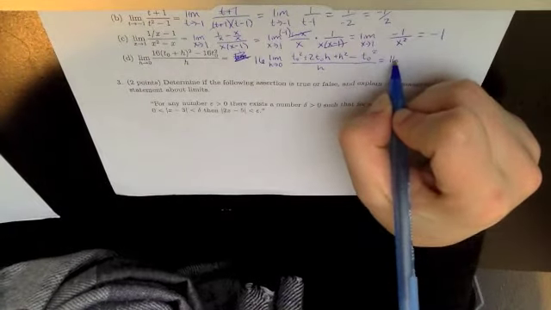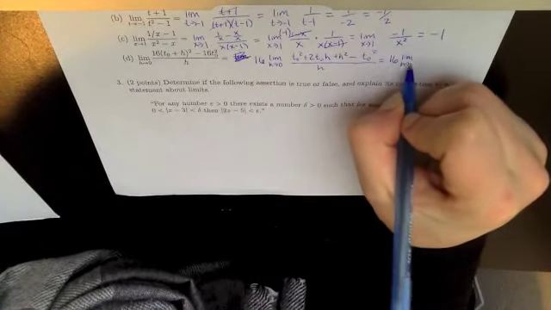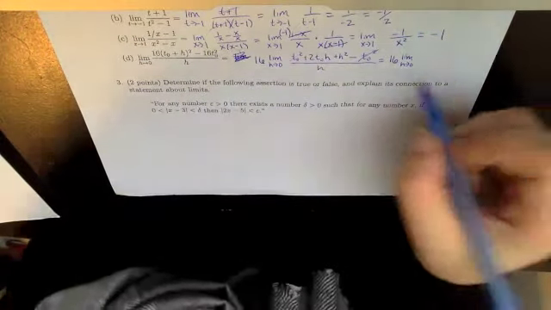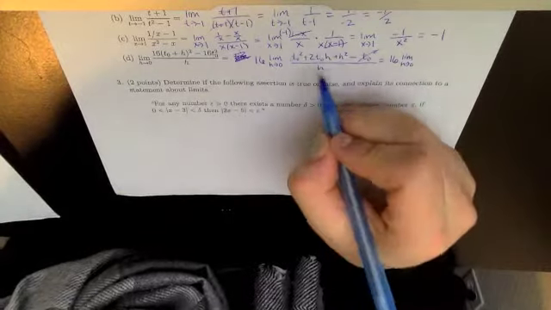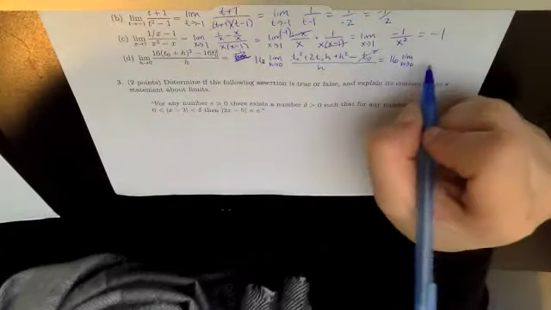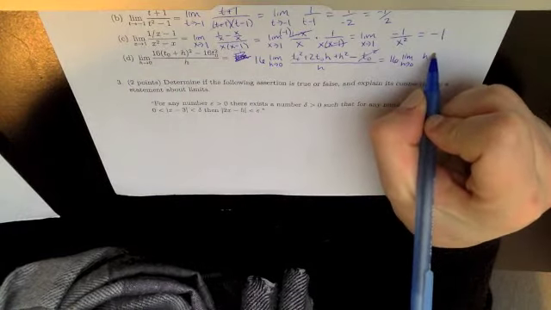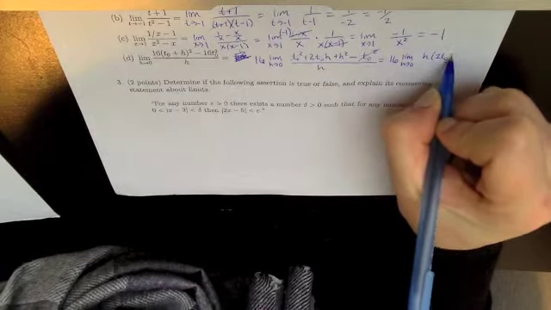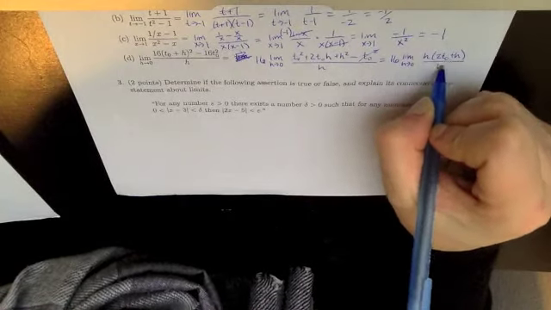The t0 squareds cancel, and I get on the top 2t naught h plus h squared. Now notice those both have an h in common, so I'm going to pull that out. So this on top is h times 2t naught plus h, all over h.